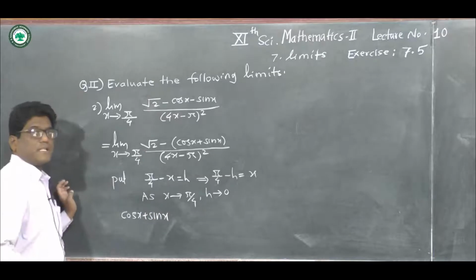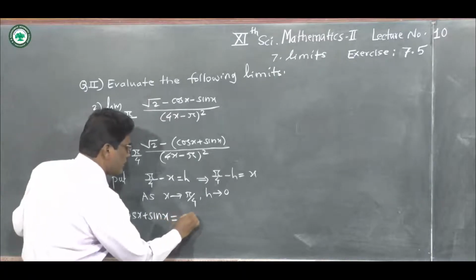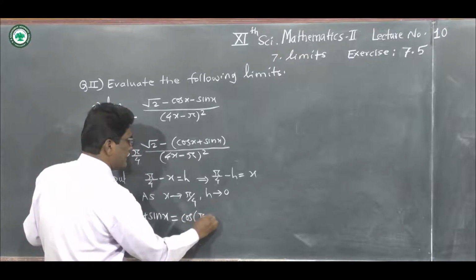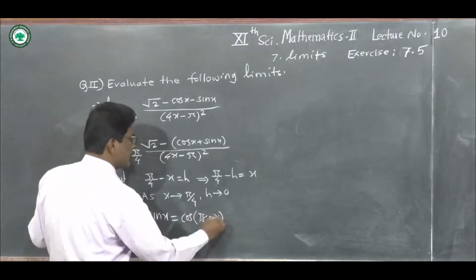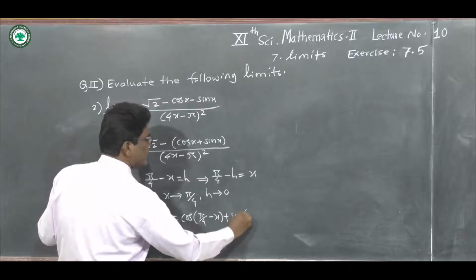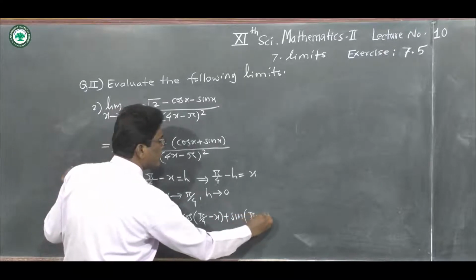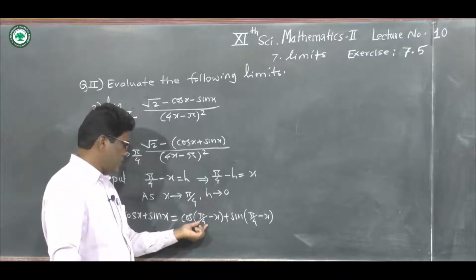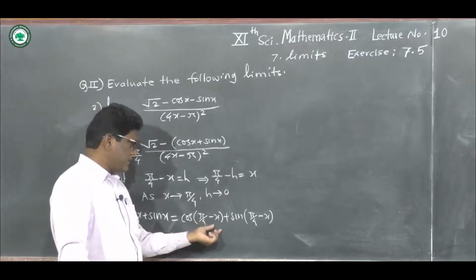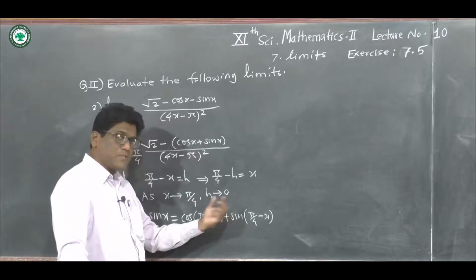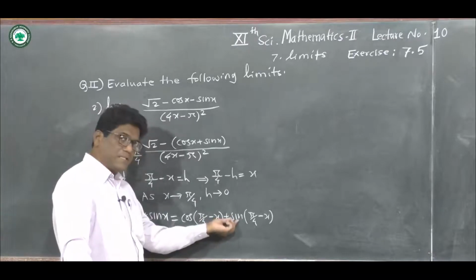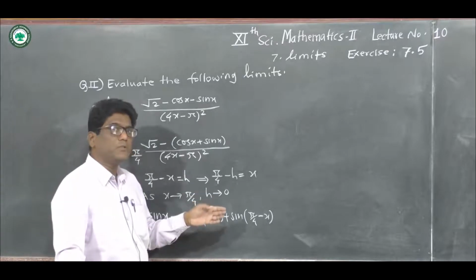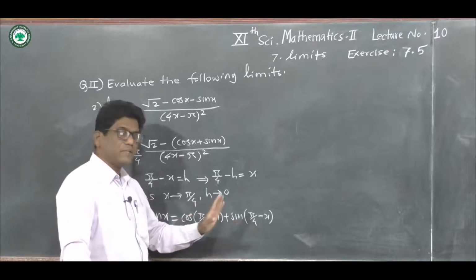Cos x plus sin x is equal to cos of, in place of x we take pi by 4 minus x, plus sin of, in place of x we take pi by 4 minus x. Now both the terms should be the same, so this sin we replace in terms of cos. When we replace sin in terms of cos or cos in terms of sin, we have to use pi by 2 minus this angle.